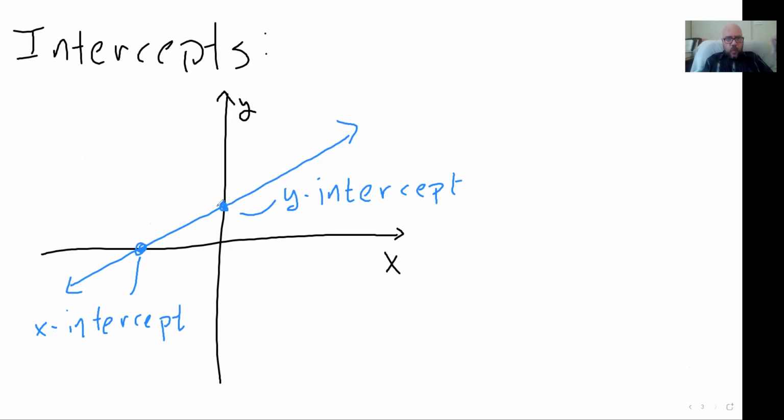So here at the y-intercept, remember what the coordinates represent: the x coordinates represent how far left or right of the origin you are, and the y coordinates represent how far above or below. This point is not left or right of the origin at all. It is very specifically directly above it, right?